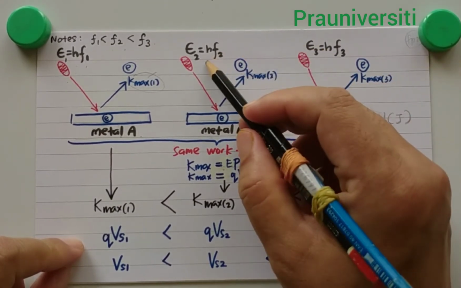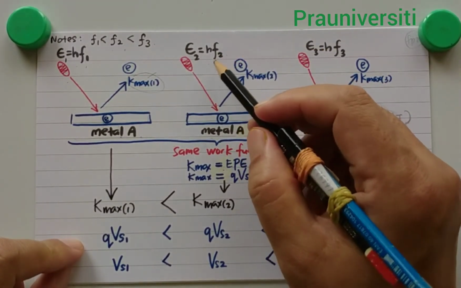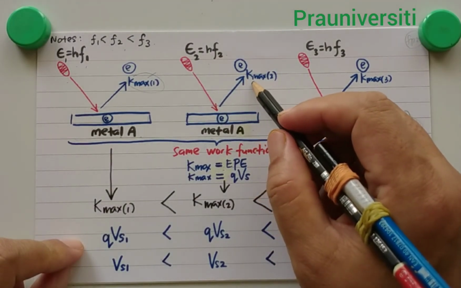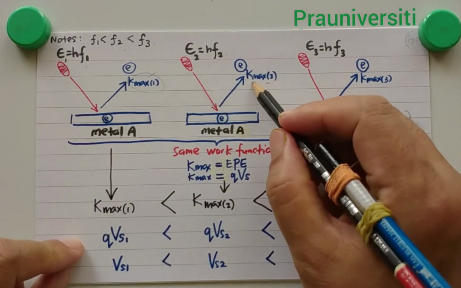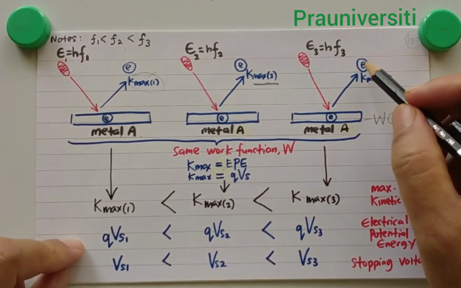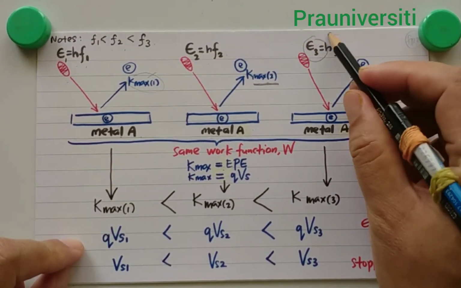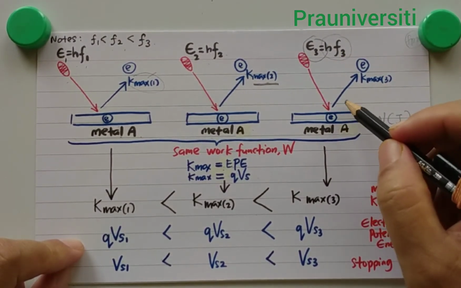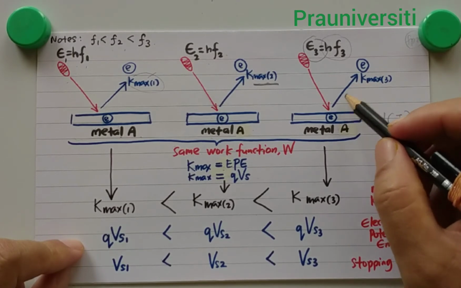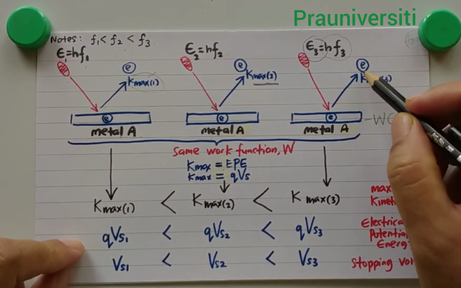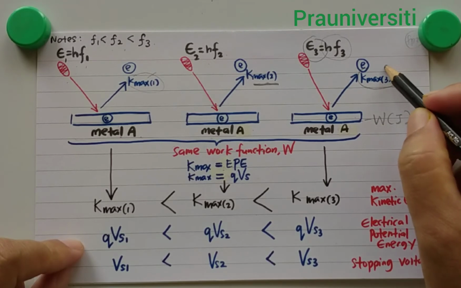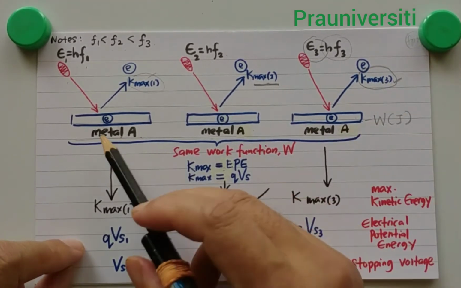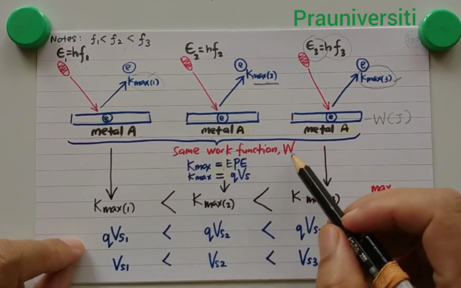Then E2 equals hf2, the energy of the photon, hits the metal surface, so we have an ejected electron with Kmax2. The photon E3 with energy hf3 hits the metal, and the ejected electron jumps out from the surface with Kmax3. All the metals have the same work function.